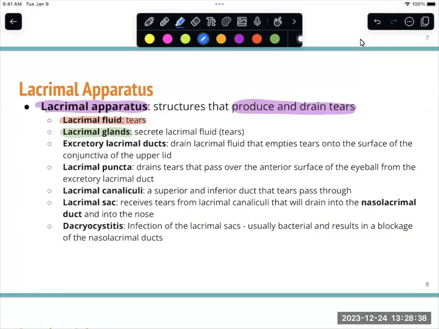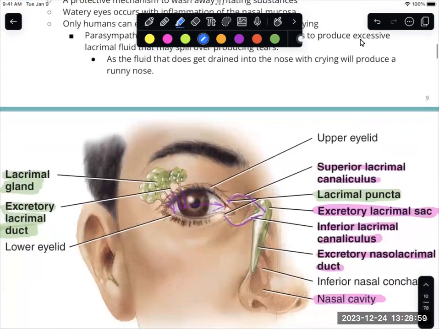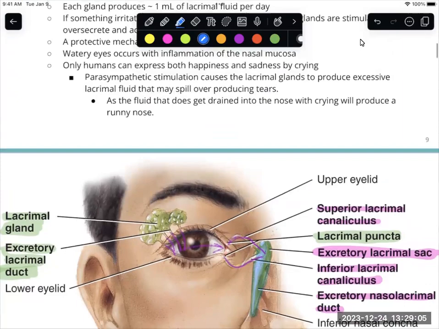If that lacrimal sac gets infected, the dacryocystitis, it can result in blockage of the nasolacrimal ducts. That's that lacrimal sac found on the inner side that drains into that nasal cavity.